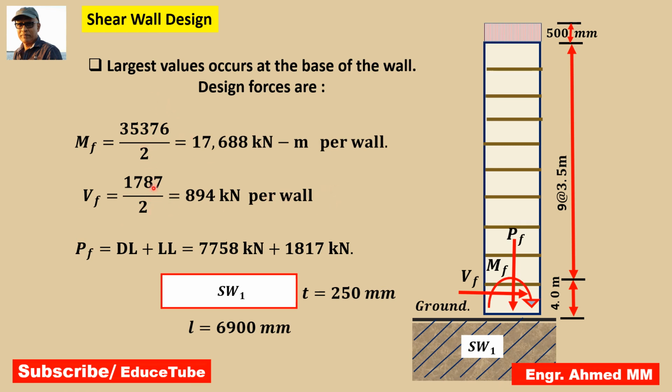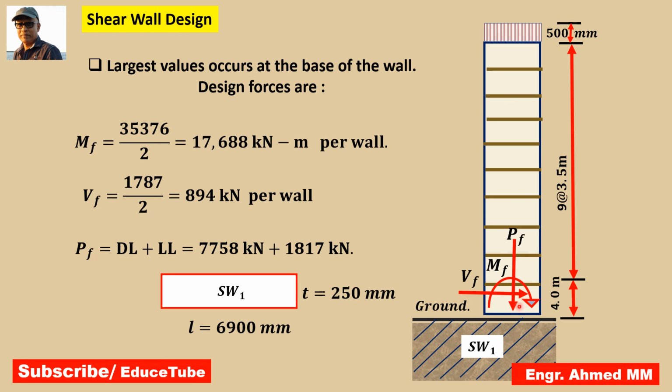These two I have taken from the first video. Now in this video, I mean from the second part of the video, I got this. This is axial load, dead load plus live load. 7758 and 1817.